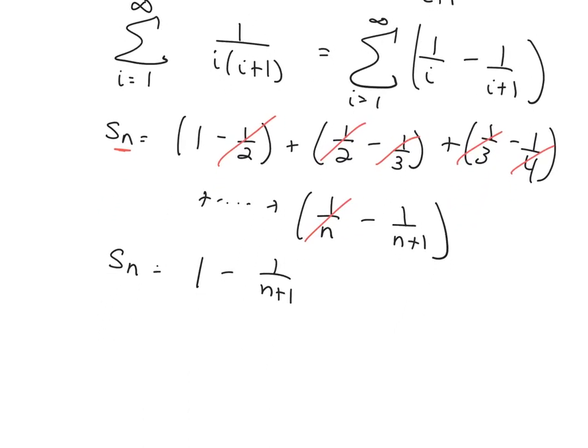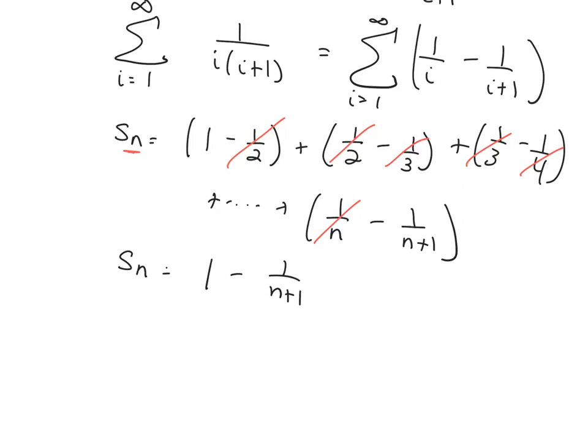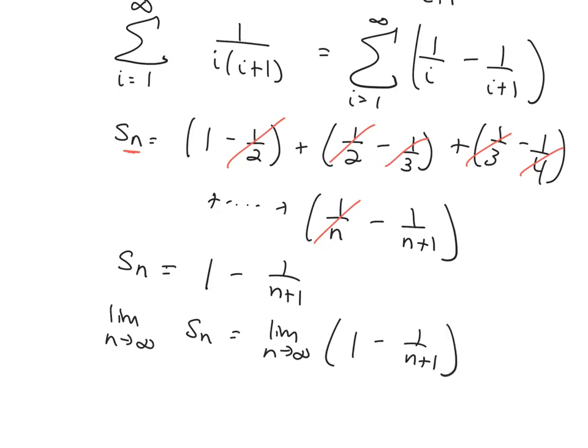Okay? And we want to take the limit of this as n goes to infinity. 1 minus 1 over n plus 1. What's that limit going to be? 1. So we just showed that the sequence of partial sums converges.